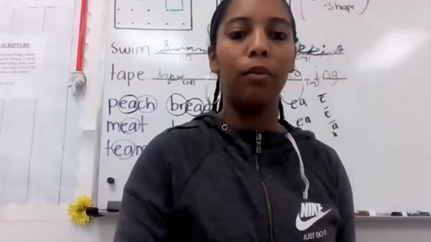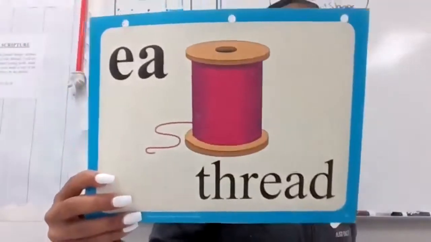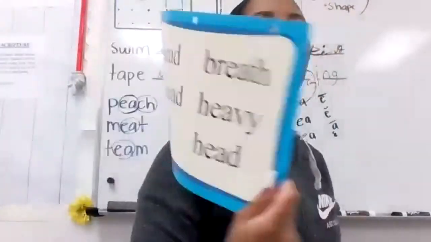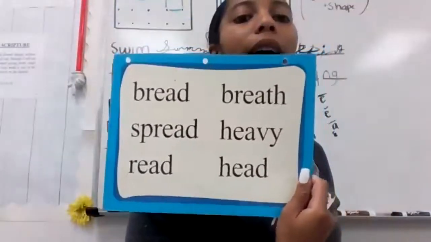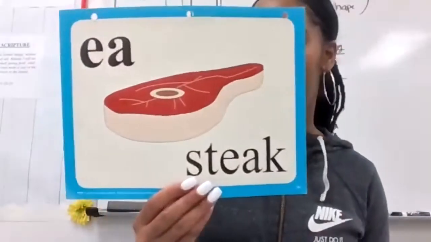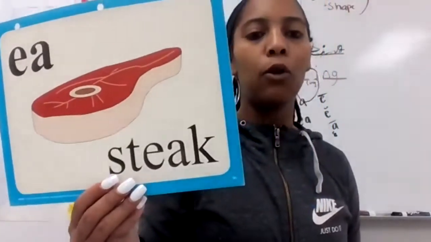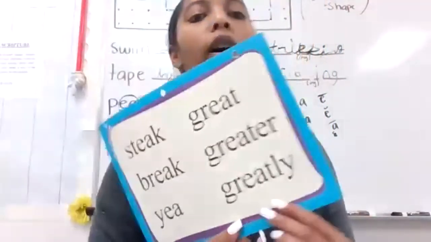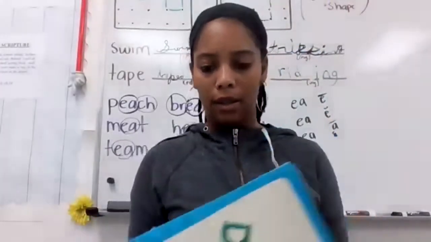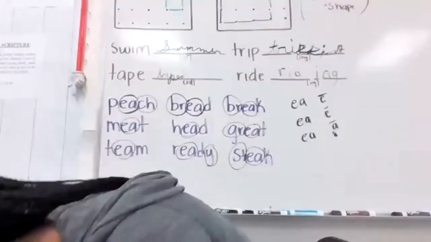Read them. EA says in thread. When something has a lot of weight on it, that means that it is heavy. Good. EA says A in stay. If you drop glass, it will break. Awesome. Good. All of them got them right.